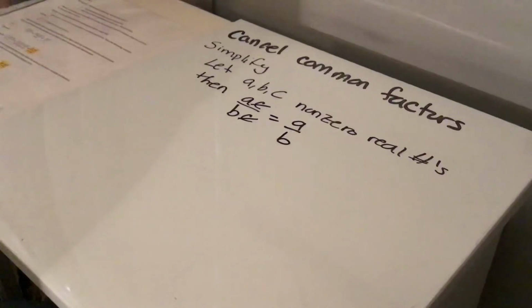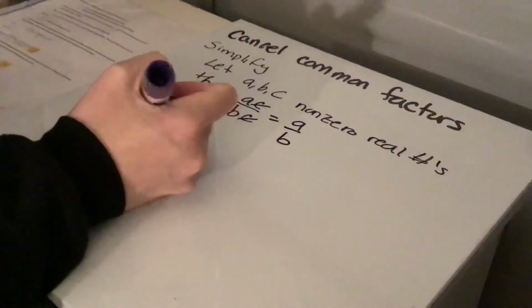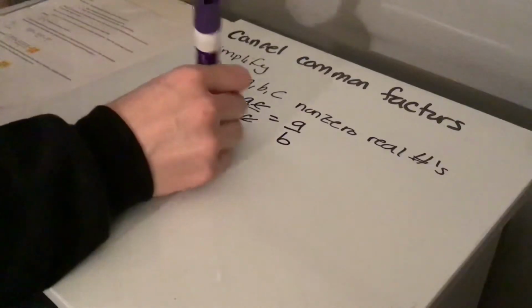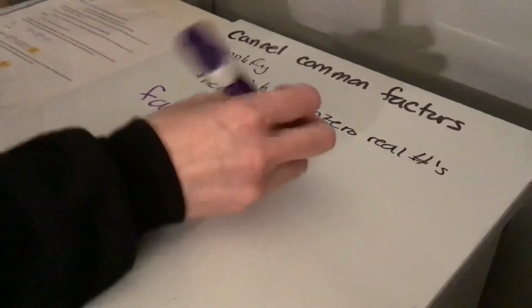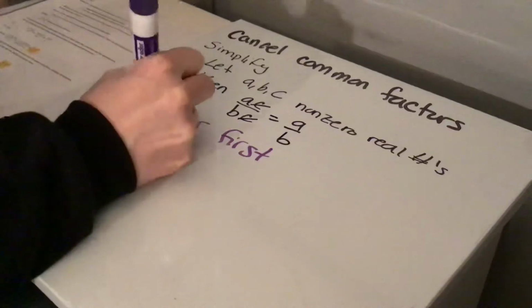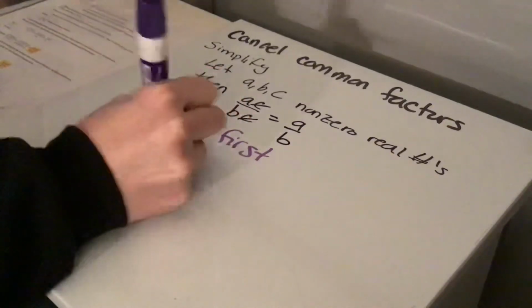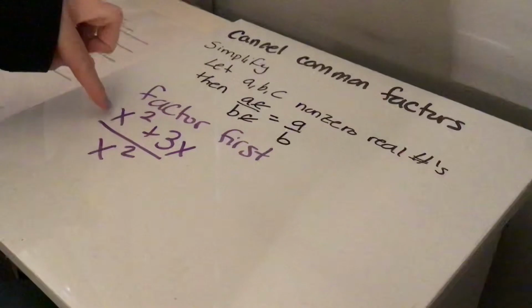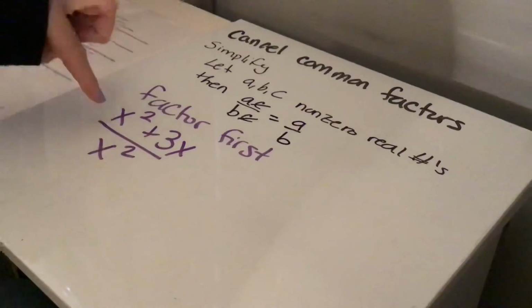So in order to simplify, first factor. For example, x squared plus 3x over x squared. Yes, they both have an x squared, but they're not written as a product. This x squared in the numerator is a term, not a factor.